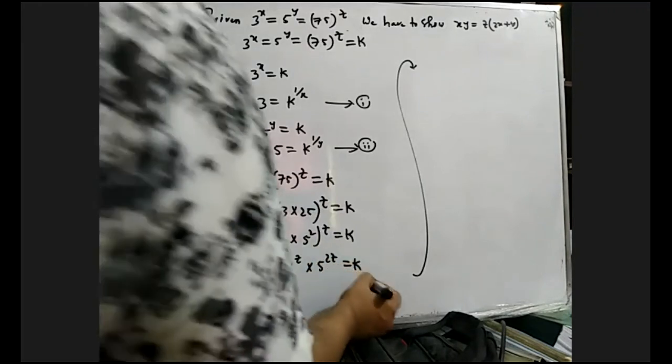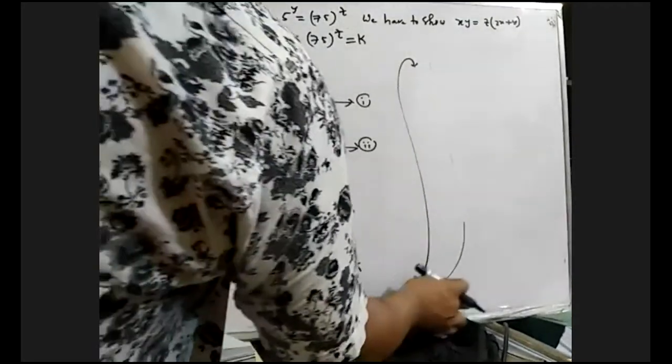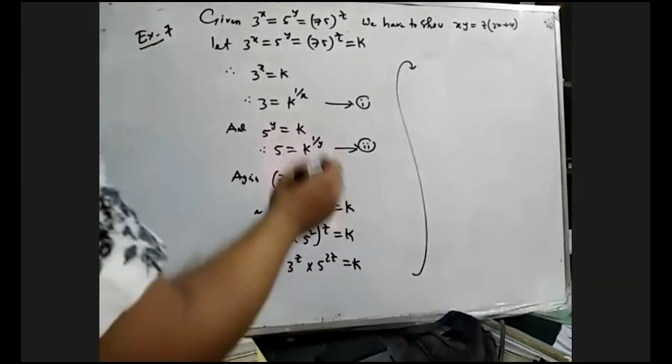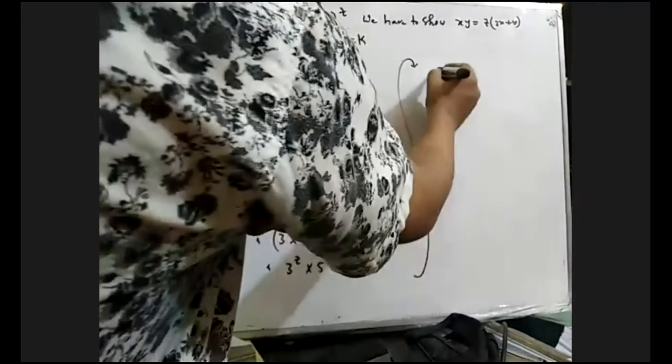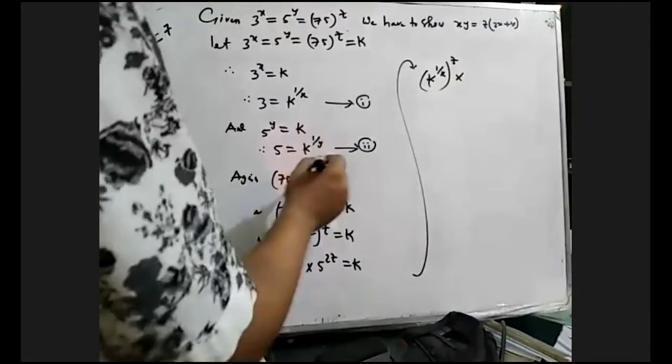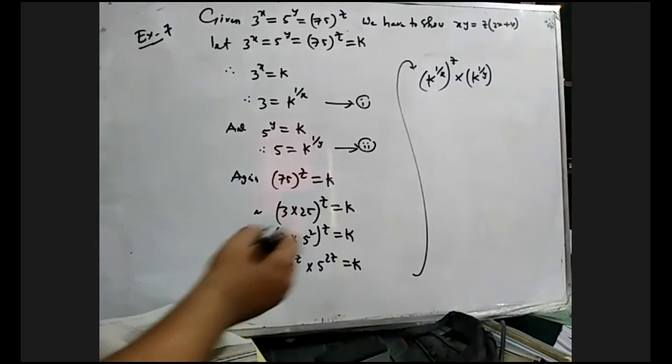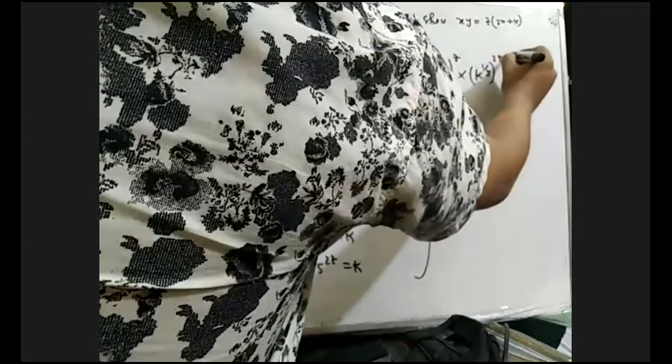Now putting the values from equation 1 and 2, 3 equals k to the power 1 by x, this to the power z, multiply 5 equals k to the power 1 by y, to the power twice z, equals k.